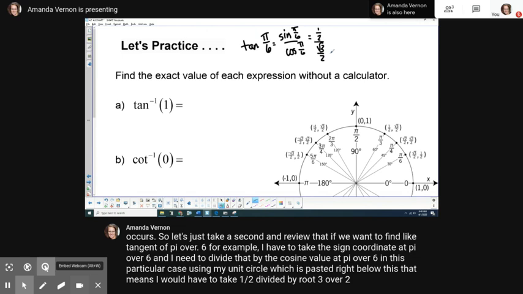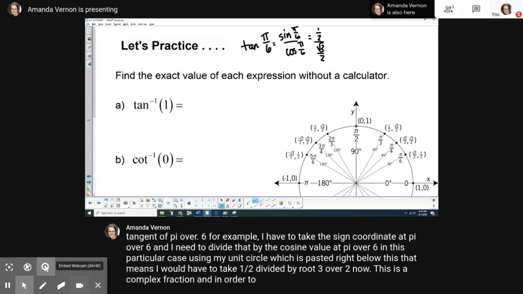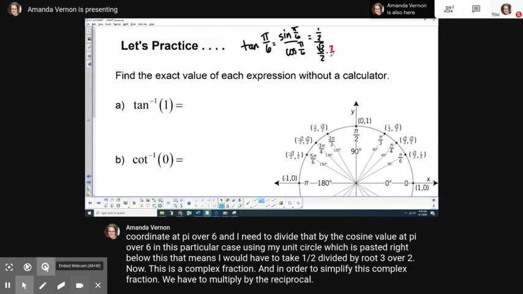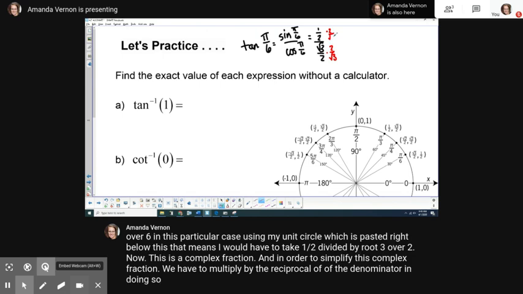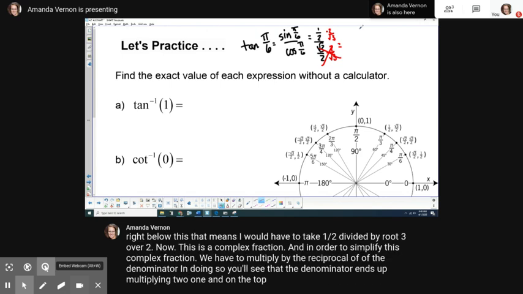Now, this is a complex fraction, and in order to simplify this complex fraction, we have to multiply by the reciprocal of the denominator. In doing so, you'll see that the denominator ends up multiplying to 1. And on the top, we end up with 2 over 2 root 3, which is 1 over root 3.